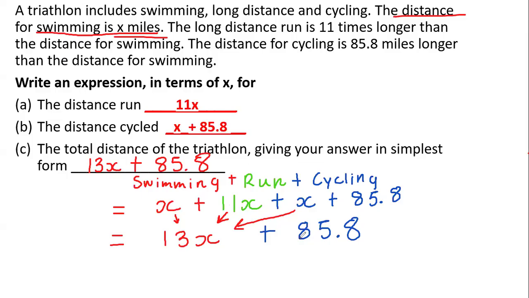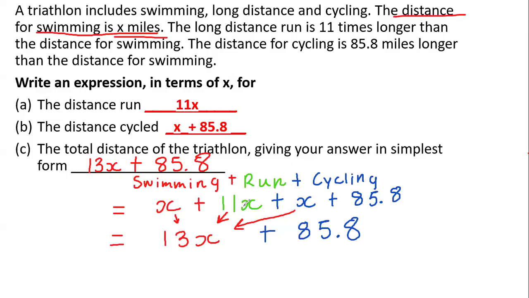Okay, good. And Aiden, explain how we got 13x plus 85.8. Start with each of these. So swimming itself was x. The running part of the triathlon was 11 times x.